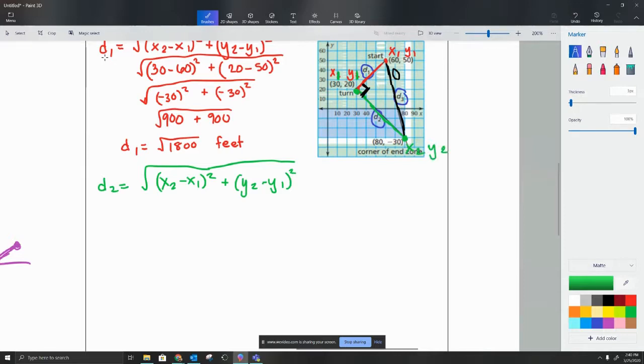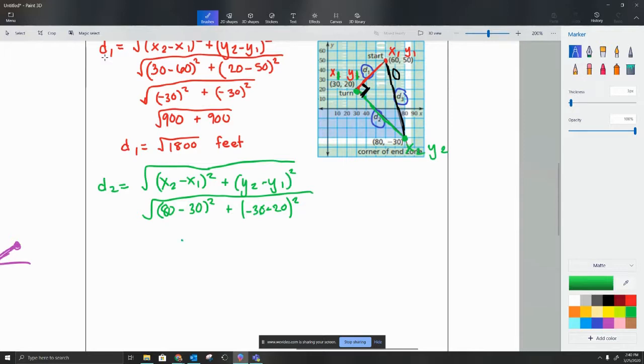Okay, so x2 in this case is going to be 80 minus x1 is 30 squared plus y2 is negative 30 minus 20, okay, squared. This is all still being square rooted.